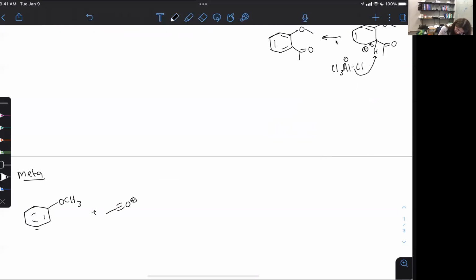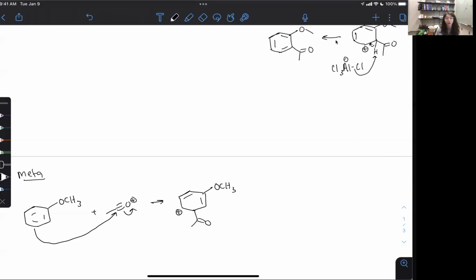Okay, so for meta, we need to grab this alkene. We're going to put that ketone in the meta position. And our carbocation is going to be over here based on how I drew things. Alrighty, so then we are ready to go for our resonance.